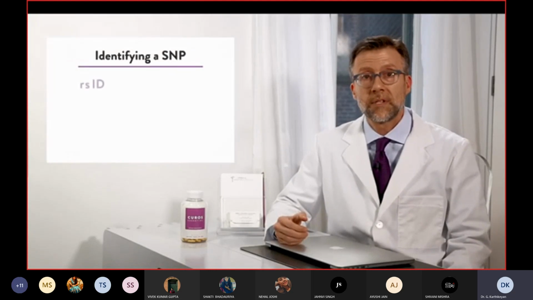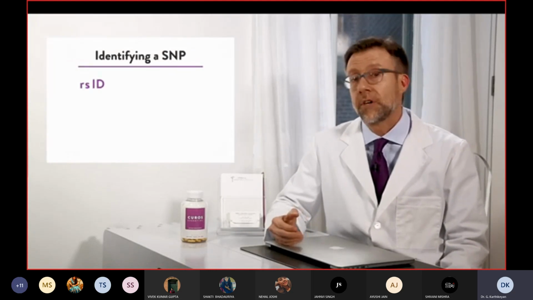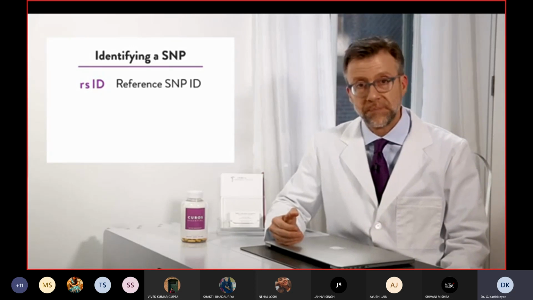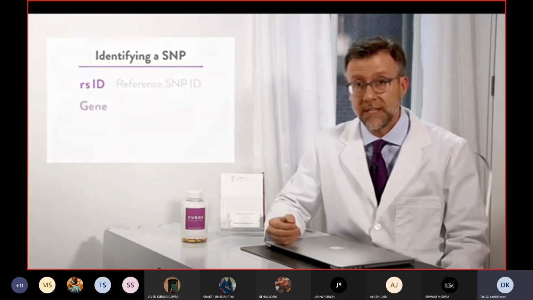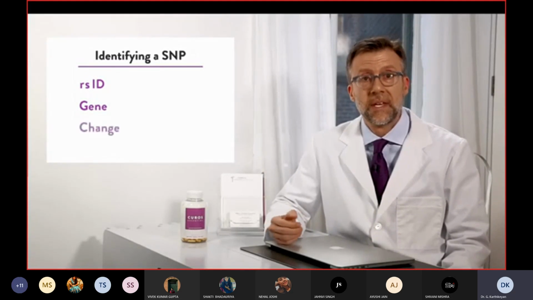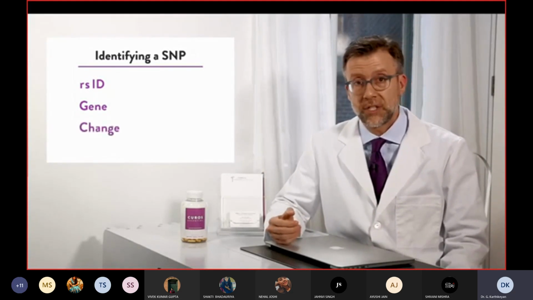They'll give an ID number to that particular variant called an RSID, which stands for Reference SNP ID. And they'll name the gene, and then they'll say what letter got changed, meaning what nucleotide got changed in that mutation or SNP.